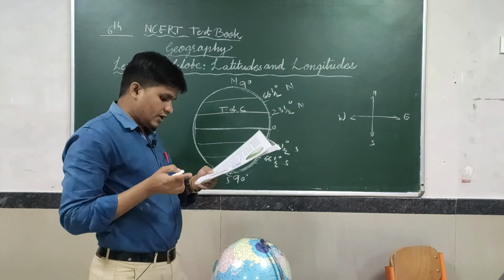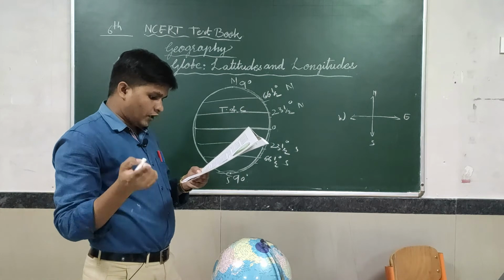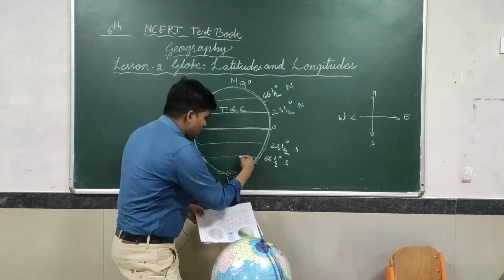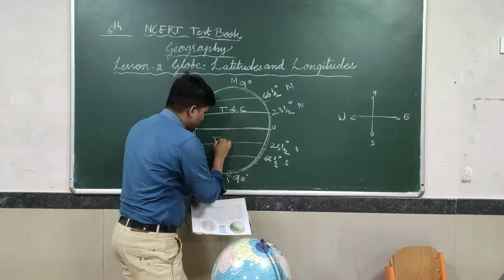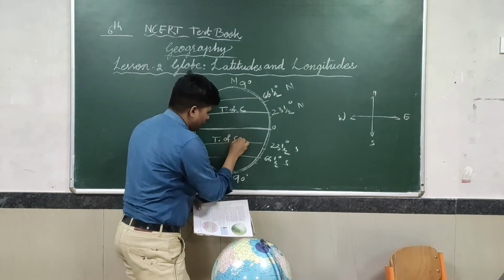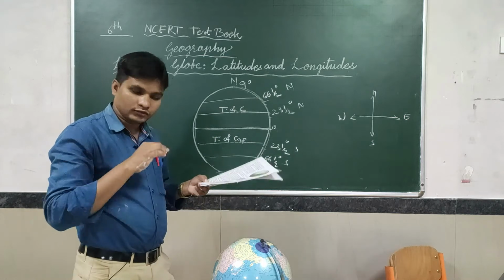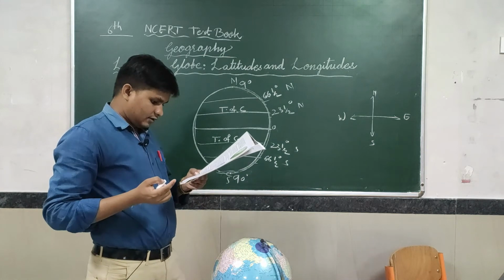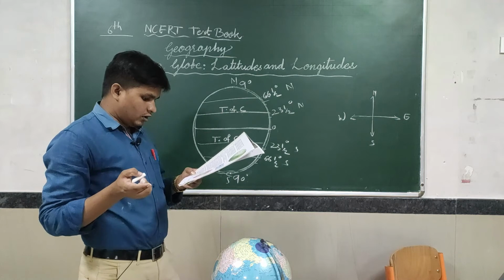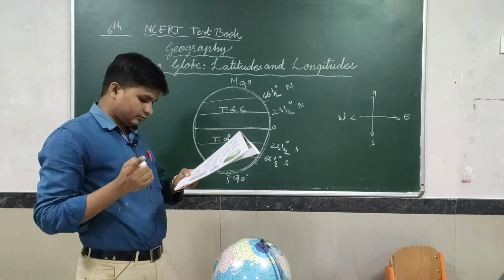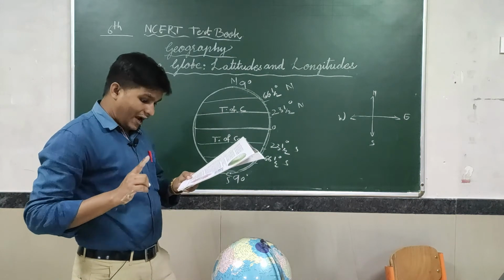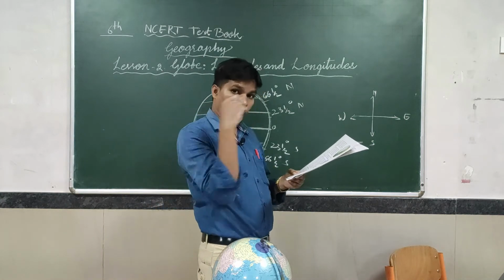Keep in mind. Next, on the bottom side, this is the Tropic of Capricorn. Next, the Arctic Circle at 66 and a half degree north.